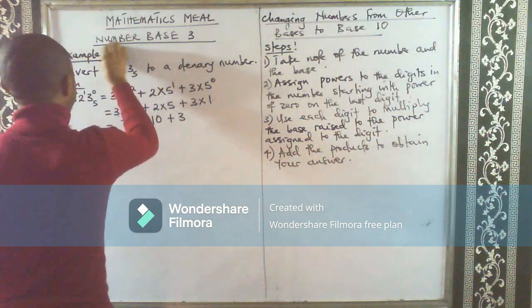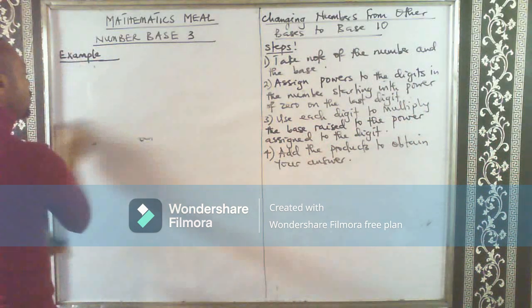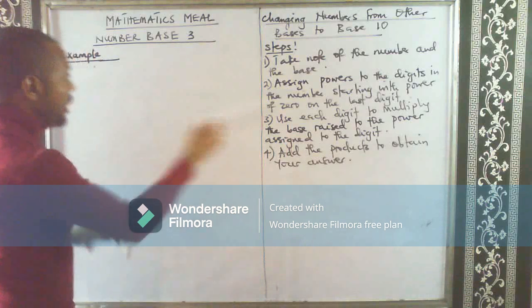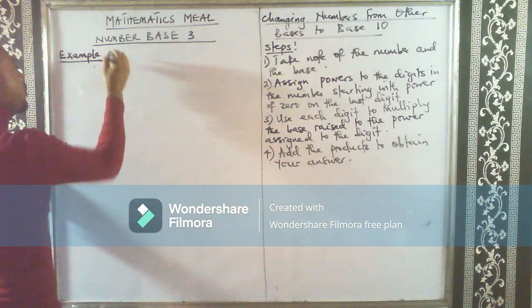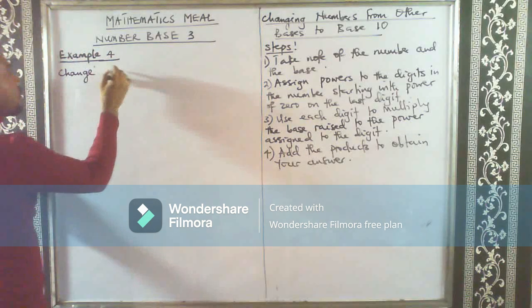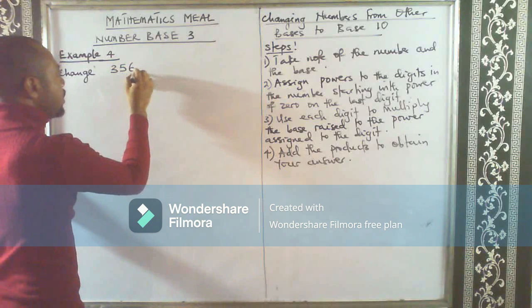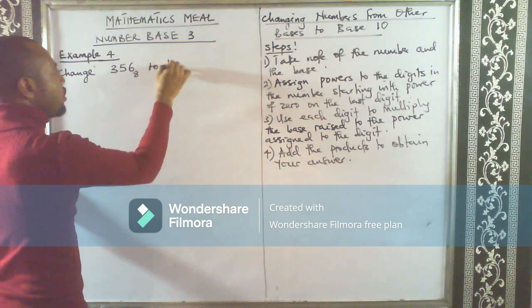That should be example number 4 now. Example 4, still using our steps. We say change 356 in base 8 to base 10.